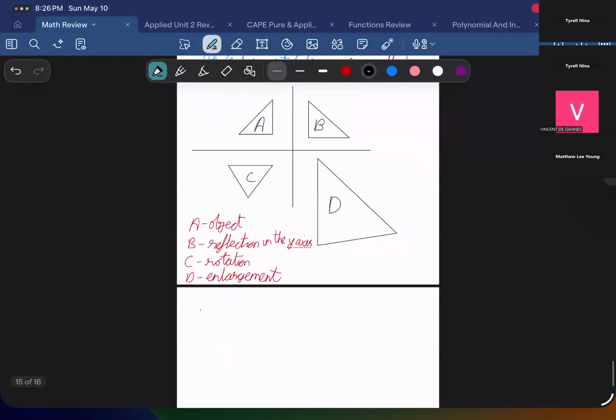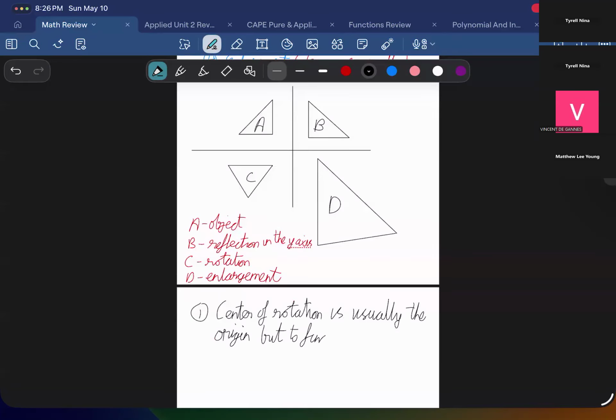So to deal with a rotation, the center of rotation is usually the origin. It's the origin like 90% of the time.